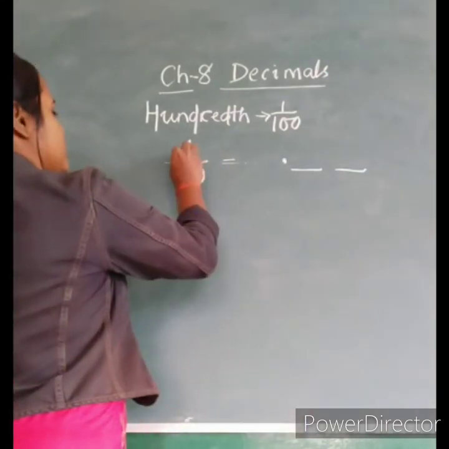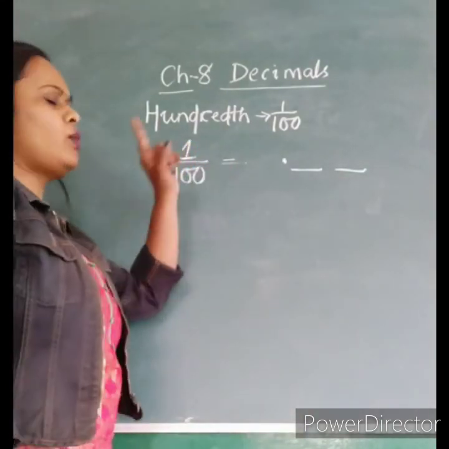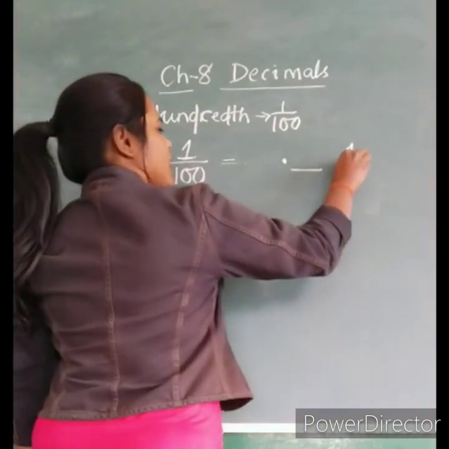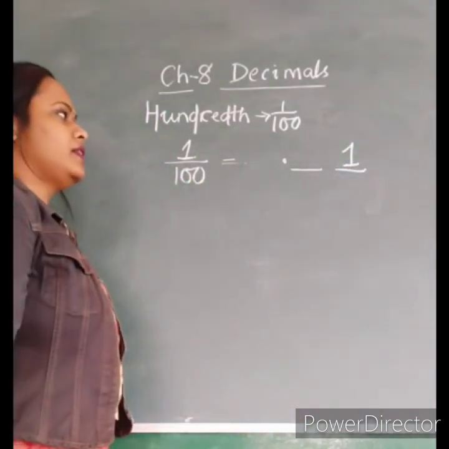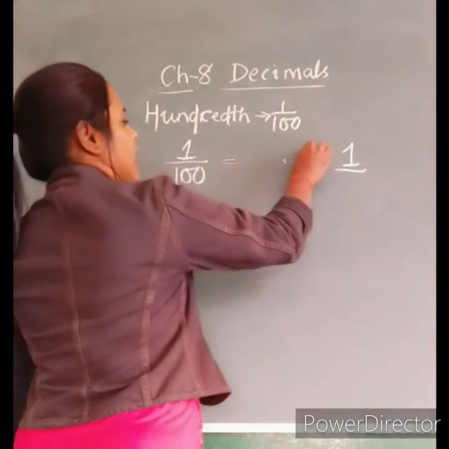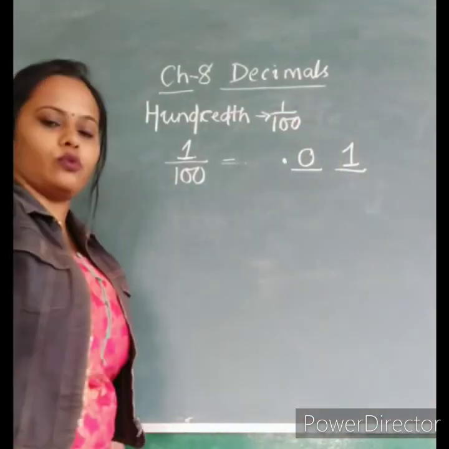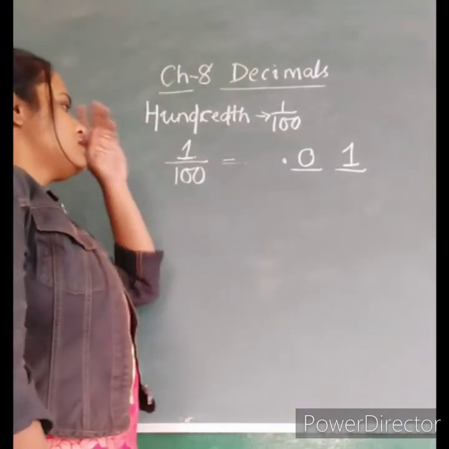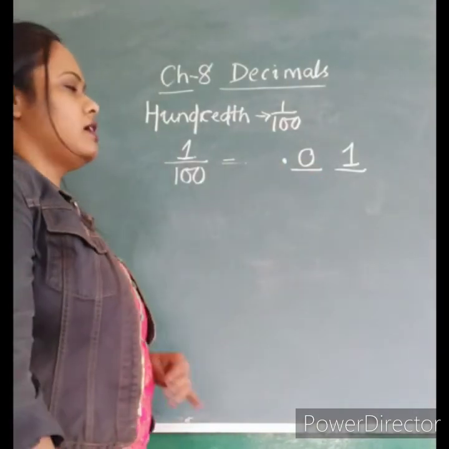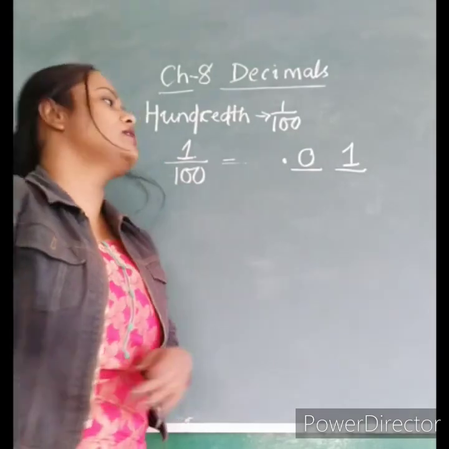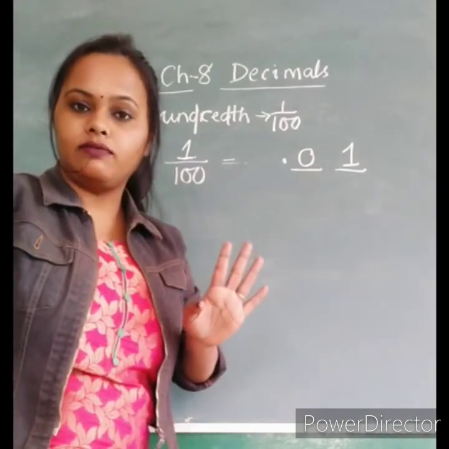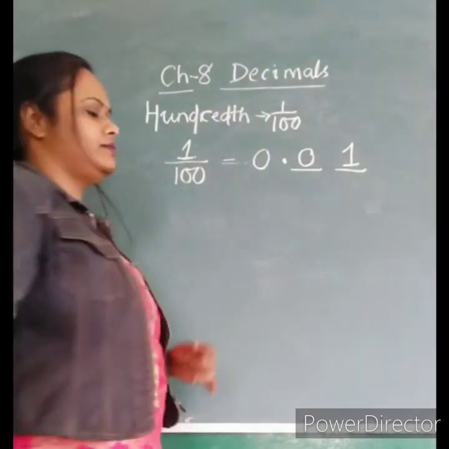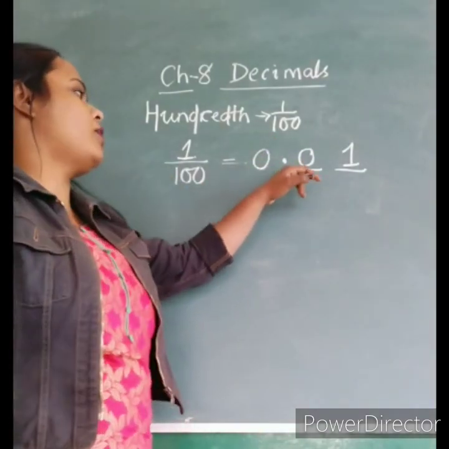In the numerator only 1 digit we are having, so we will put 1 here and in front I will put 0 because nothing is there in this place. And as we know that before the point we can't leave the space blank, we will put 0 here. So it is 0.01.